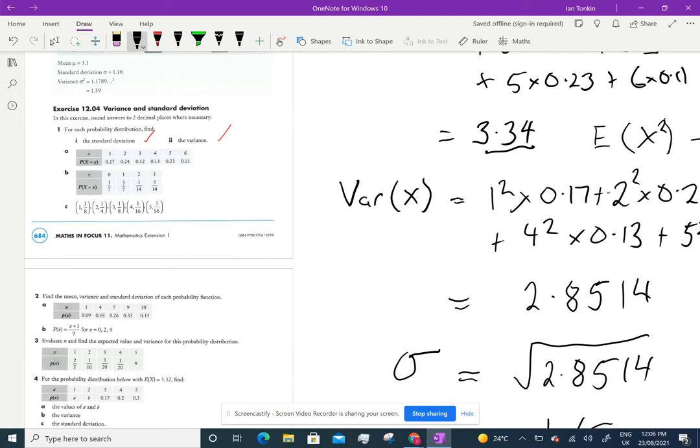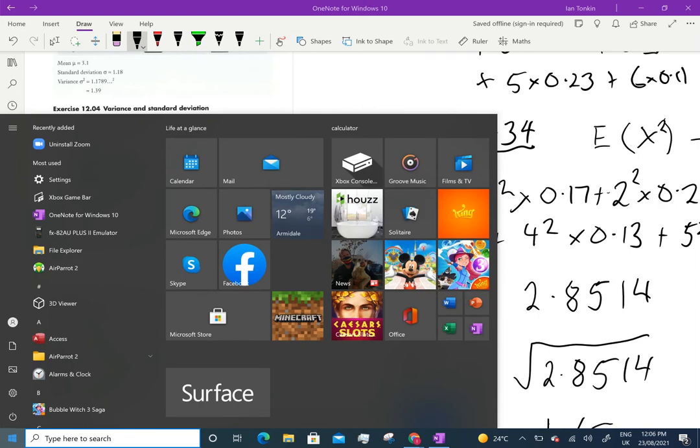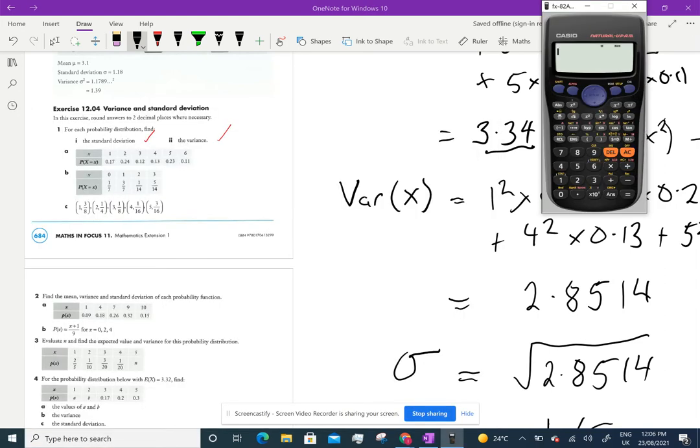And this is where it gets really useful. So if I just get my calculator open. So set your calculator up, put it on stat, and you're just going to go one normal variance, but you need a frequency.